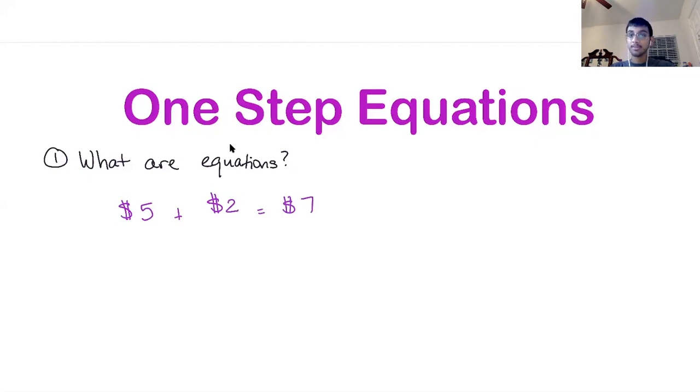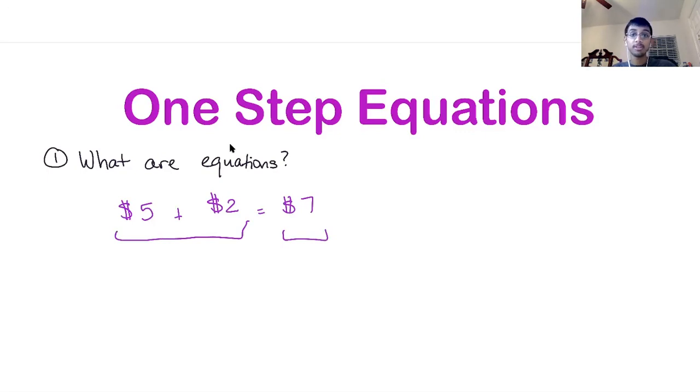So equations are very simple. It's saying that there are basically two things equal to each other. This side of the equation is equal to this side of the equation. In this video, we're going to be looking at equations, but in a bit more of a complex way. The next thing we're going to do is look at how we can use equations with variables.